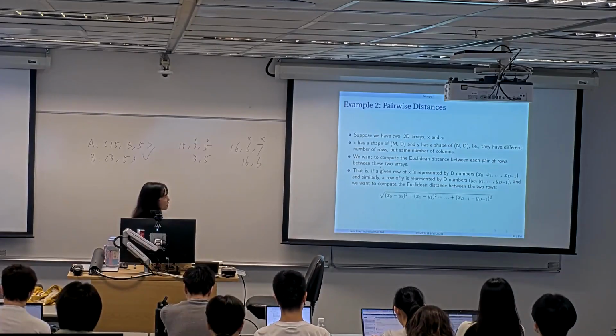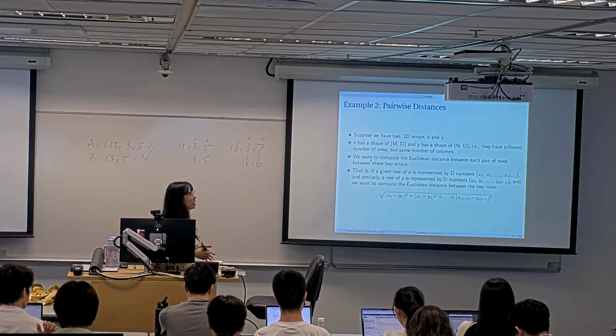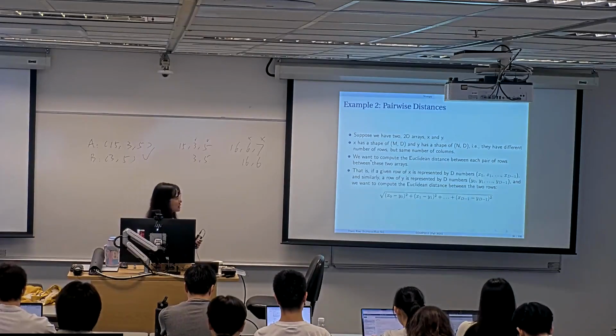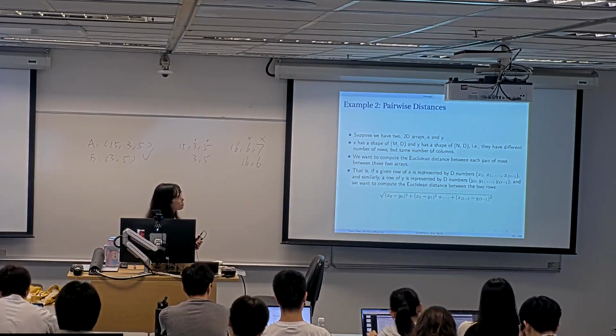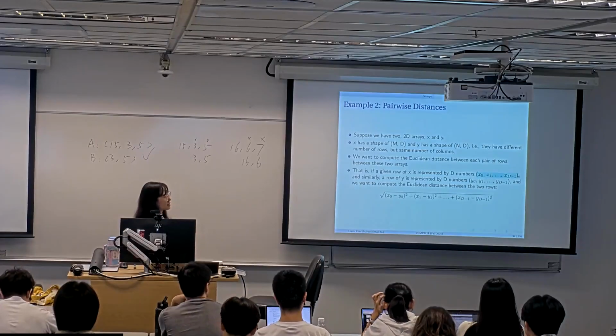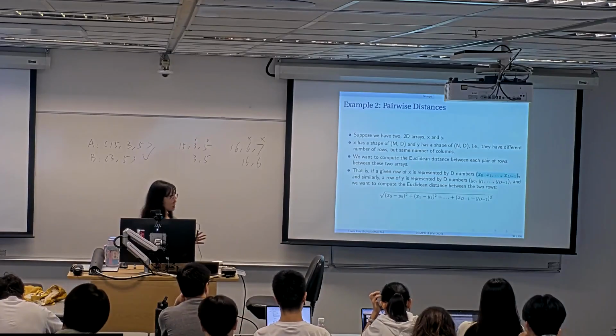But somehow now we want to compute the Euclidean distance between each pair of rows between these two arrays. So you can consider that now a row of x is represented this way, x0, x1 until xd minus 1. This is only one row from x. Of course, it should have d elements here, right?